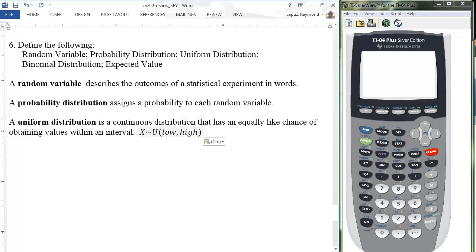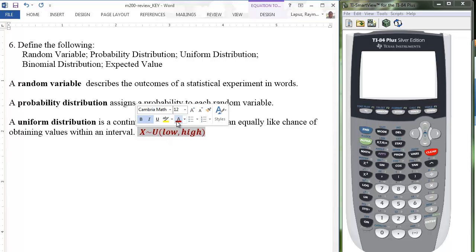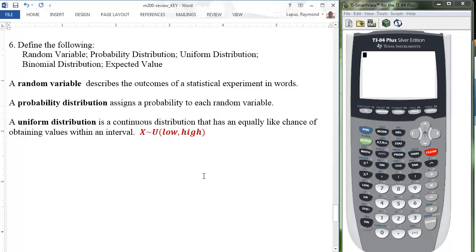And your interval would be whatever your low value is and your high value is. You see these things in a textbook and also in your homework set, and they are ways to represent your particular distribution. In our case, the U stands for uniform distribution, and there are two parameters here, the low and the high. So that's a uniform distribution.